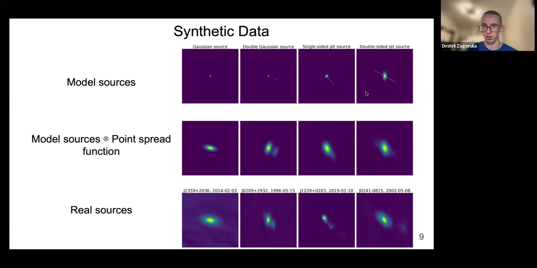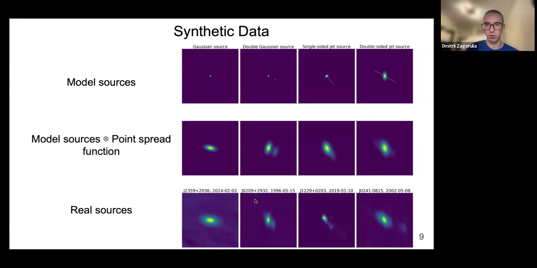After this convolution, we get the second row, and we can compare it to the third row, which is the real sources. It is not only visually similar, but also statistically. We also checked the histograms of intensity, and overall it looks fine.